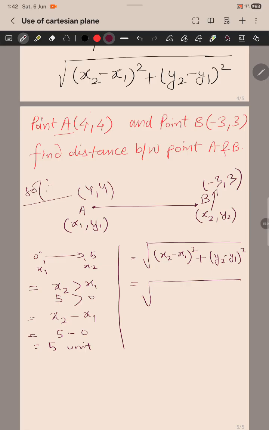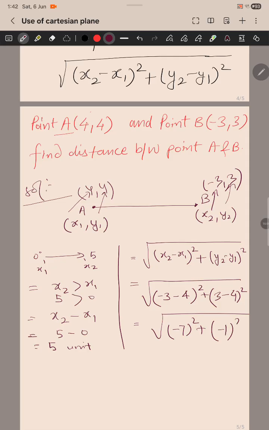Here we can see the value of x2 is minus 3, the value of x1 is 4, whole square, plus (value of y2, 3, minus value of y1, 4) whole square. Okay, it continues under root. -3 - 4 is -7, 3 - 4 is -1, squared. As we know, the square of a minus becomes plus, 7 squared is 49.